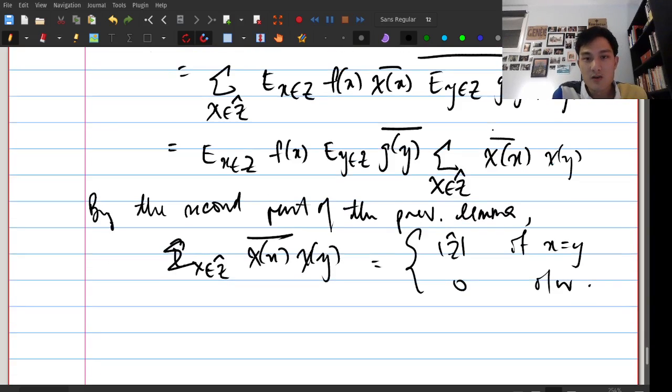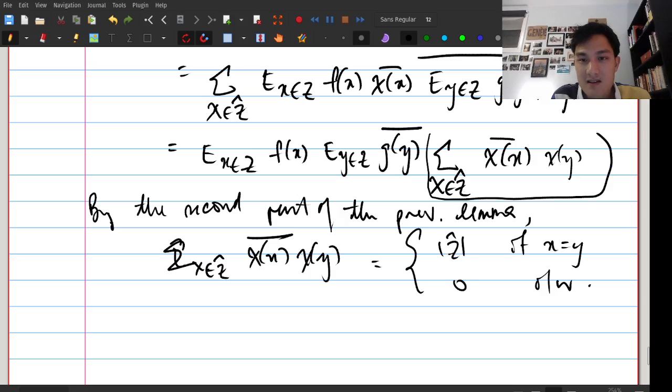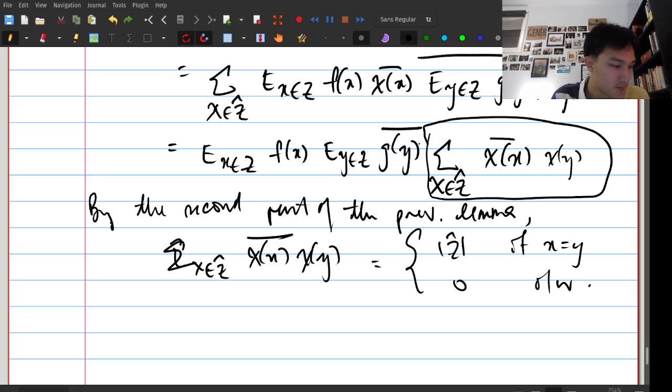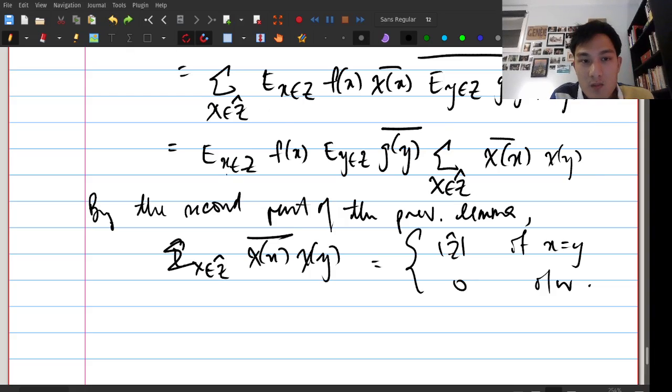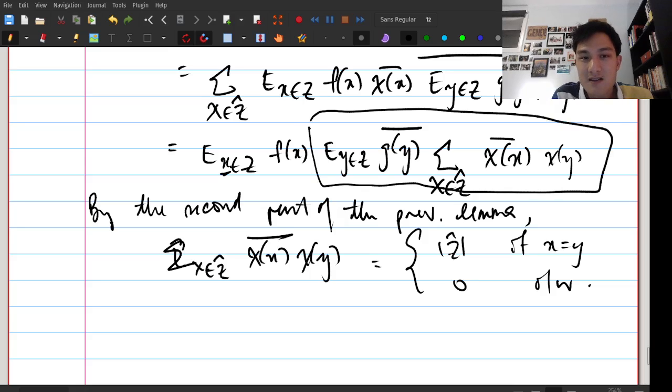So what that means is that, because we fixed x right at the beginning, the only term in here that survives is where y is equal to x.